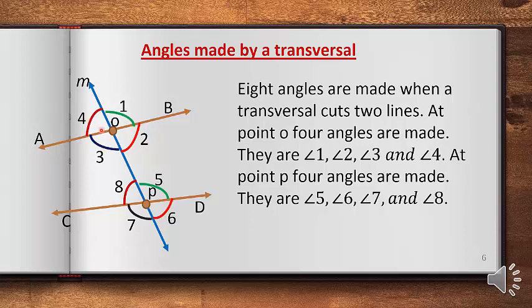Now when the transversal is cutting line CD at P, again 4 angles are formed, that is angle 5, angle 6, angle 7 and angle 8. That means altogether we have 8 angles.